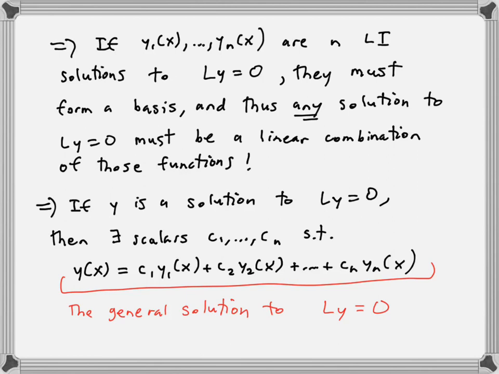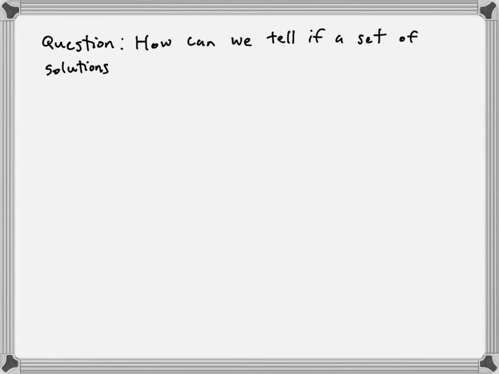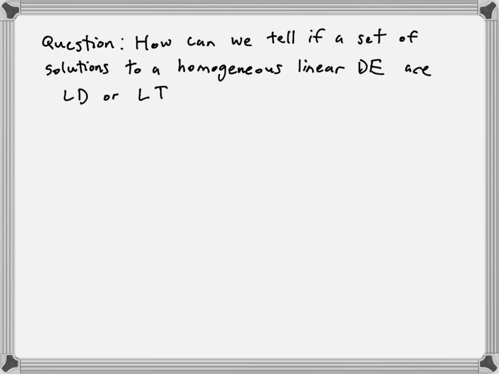So, of course, this leads us to the following question, right? Okay, we know that we have n linearly independent functions then that we can use to build all of them, but of course the natural question is, how can we tell if a set of solutions to a homogeneous linear differential equation, how can we tell if they're linearly dependent or linearly independent?